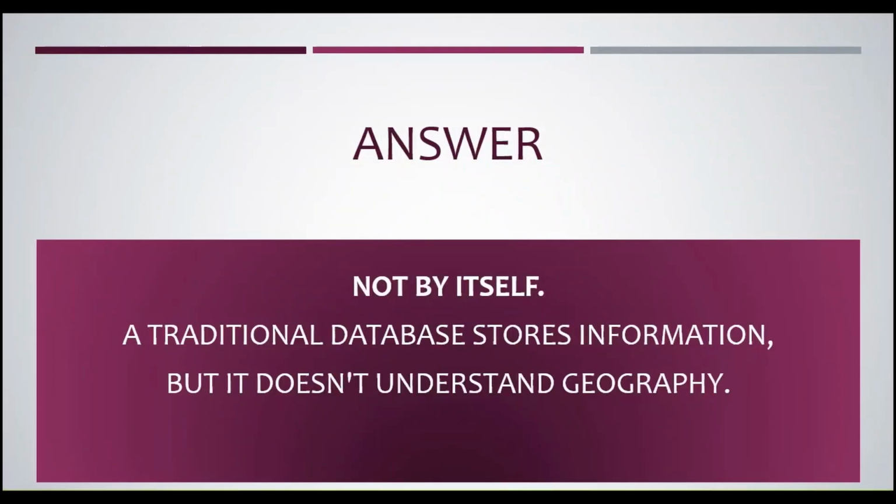The answer is: not by itself. A traditional database stores information, but it does not understand geography. A database makes information easier to manage, more secure, and much faster to retrieve. But it does not understand geography.